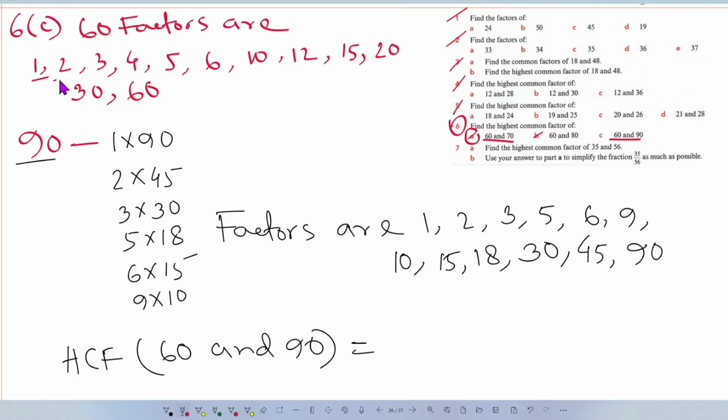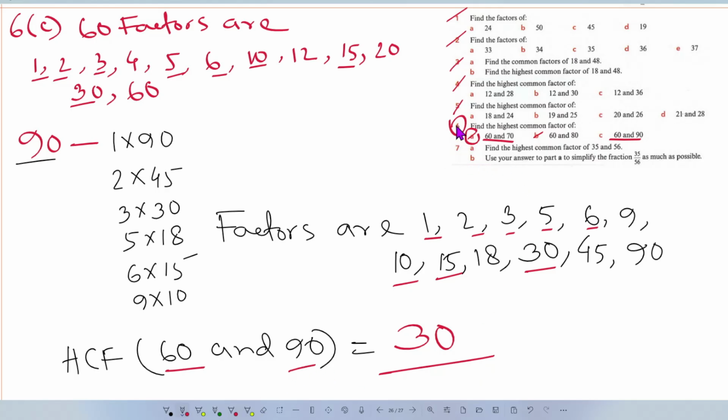So 1, 2, 3, 5, 6, then 10, 15, 20, here is 30. So the answer is 30, which is the highest common factor of 60 and 90.